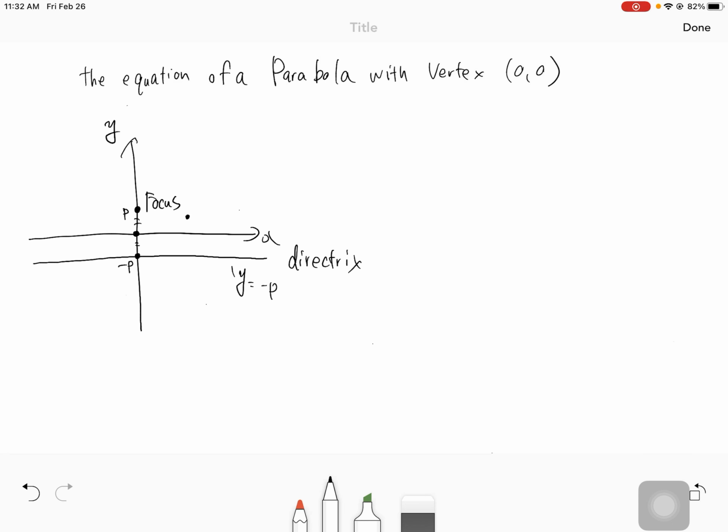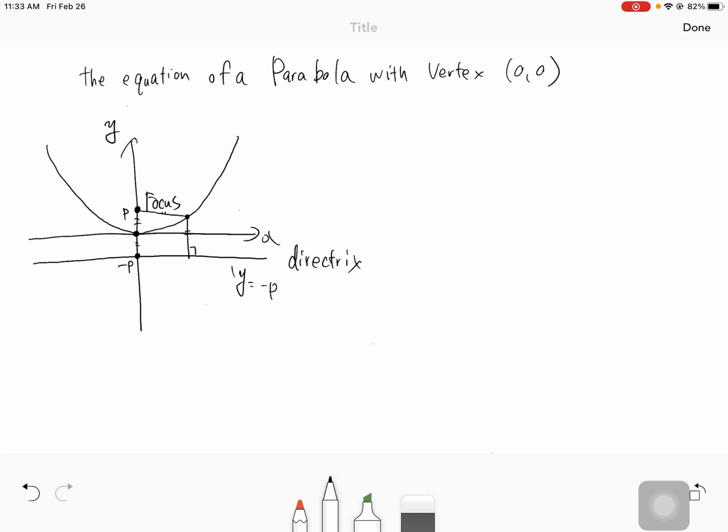And also the point here, distance from focus and distance from directrix is the same. Then if you plot all points like that, the graph is going to be like this. This is parabola.